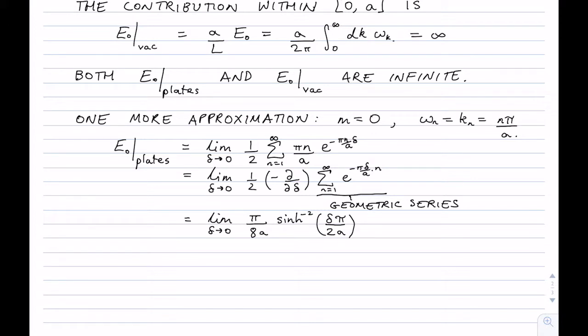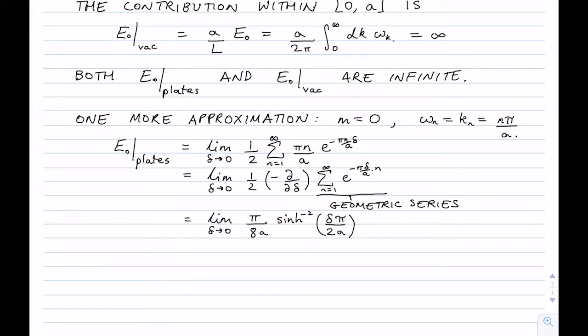Of course, you could leave it in terms of exponentials, which I would prefer to do, or you can get Mathematica to do it, which I would also prefer to do. But a nice way of writing it is sinh to the minus 2, so 1 over sinh squared of delta pi over 2a. And of course, the n has disappeared because that's just the index of our geometric series.